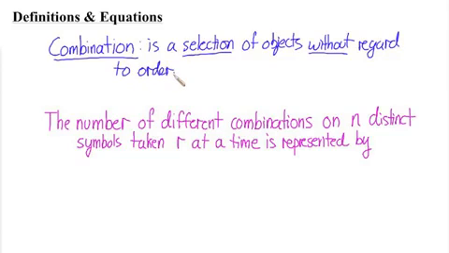So again, in the previous example, A, B, C and C, A, B are the same combination. They're different permutations, but they're the same combination.